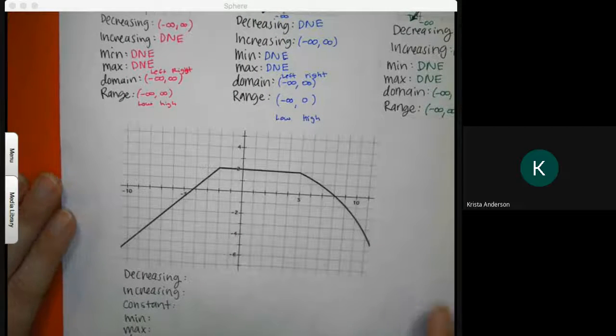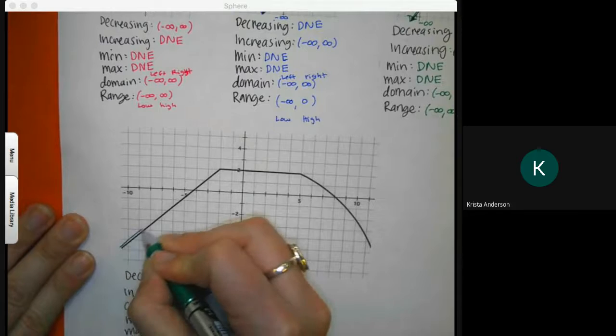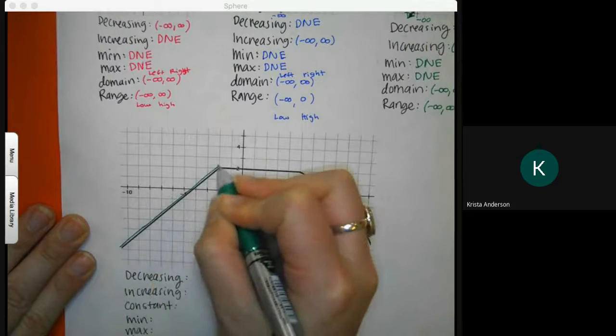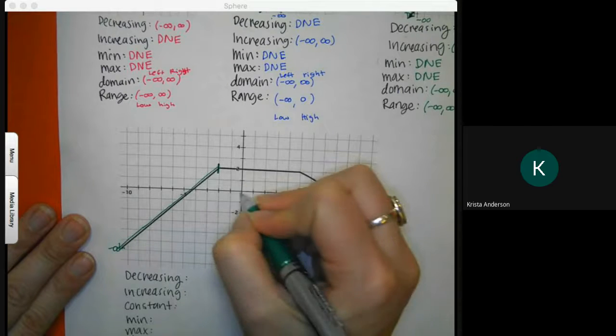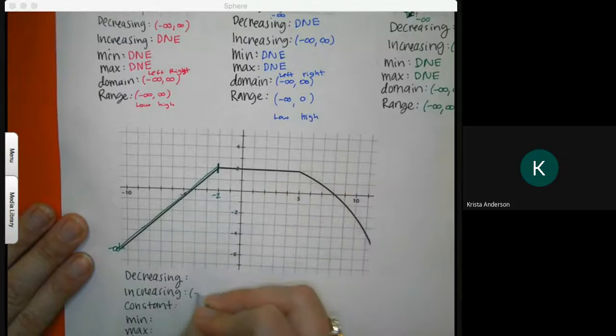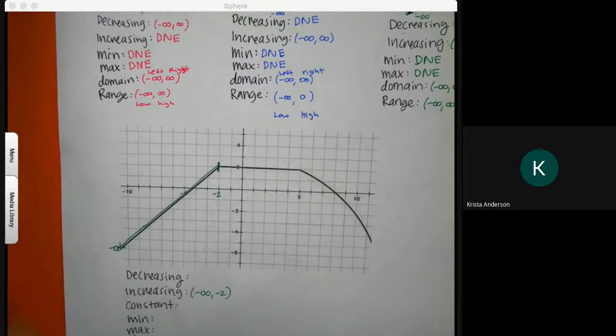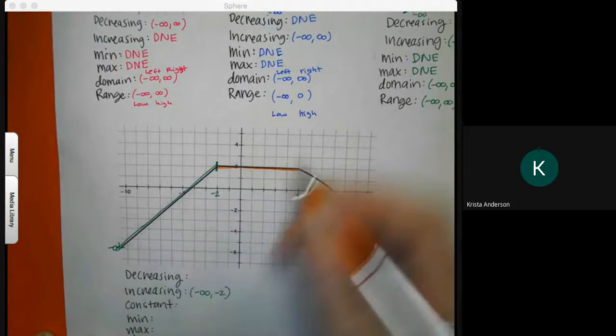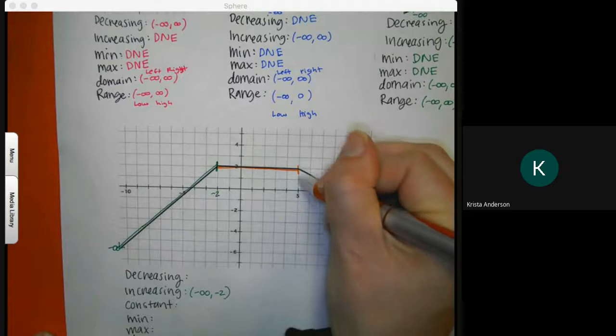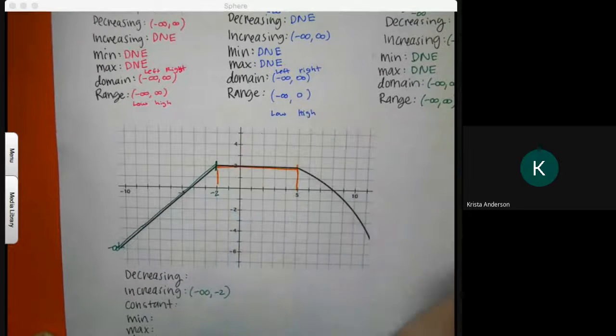For this one, from here to here, it is increasing. That is from negative infinity until -2. Then it is constant right here. So it is constant between -2 and 5.